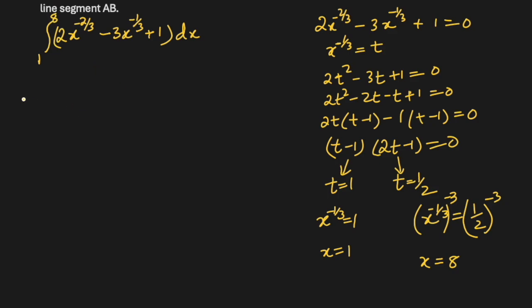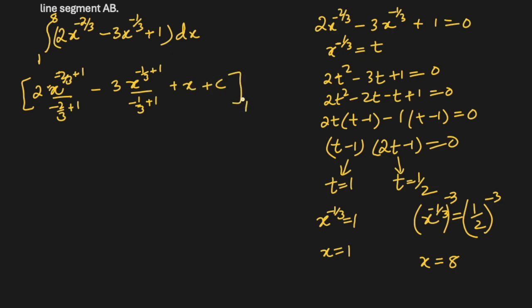And now I'll find the area. So I'll first integrate this one, so it will become 2x to the power minus 2/3 plus 1 divided by minus 2/3 plus 1. This is how we integrate this, right? 3x to the power minus 1/3 plus 1 divided by the same exponent, minus 1/3 plus 1, plus the integration of 1 will be x, and then c, from 1 to 8.